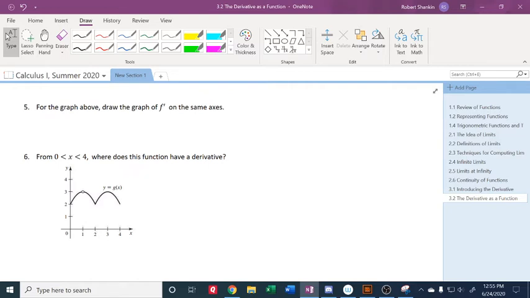Okay, group 4, what do you have? Anybody here in group 4? Hello, hello. Yes. Okay, so there isn't a derivative at x equals 2 because of that peak. Very good.